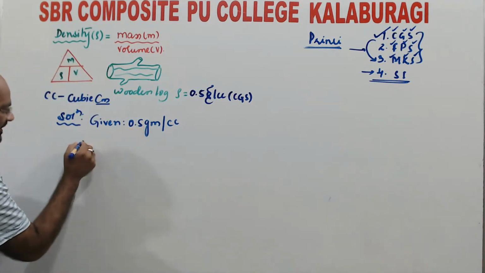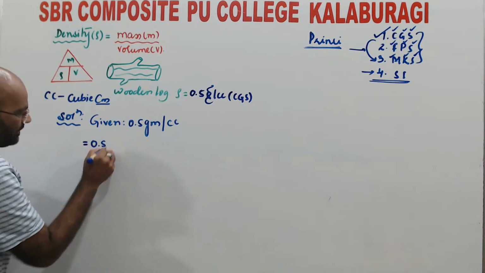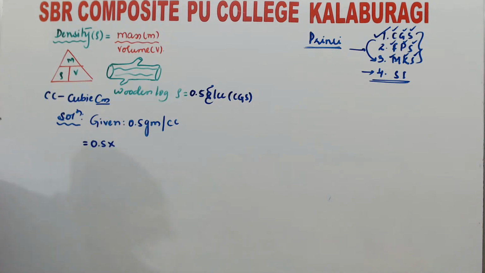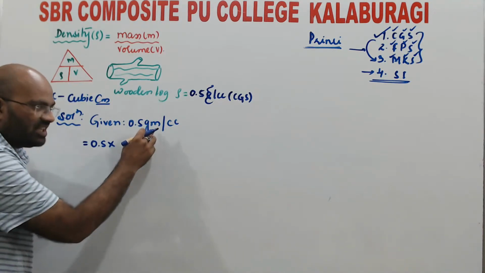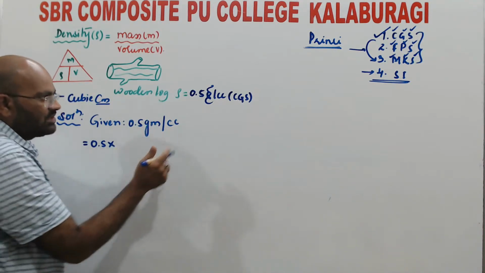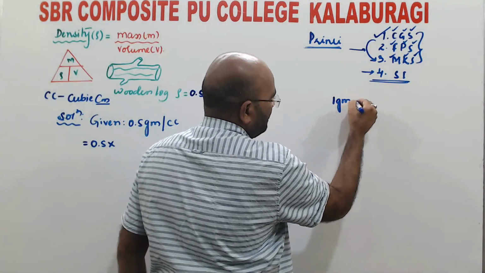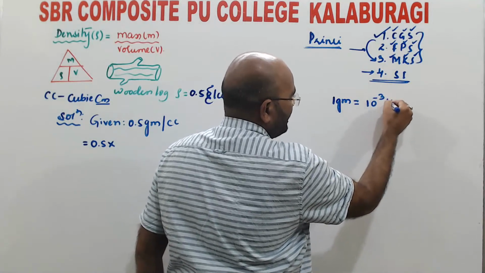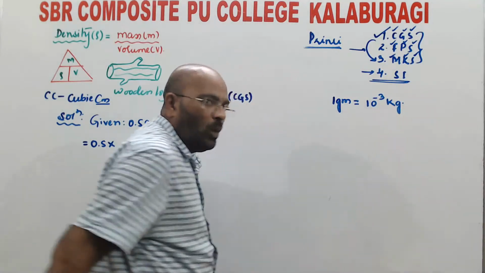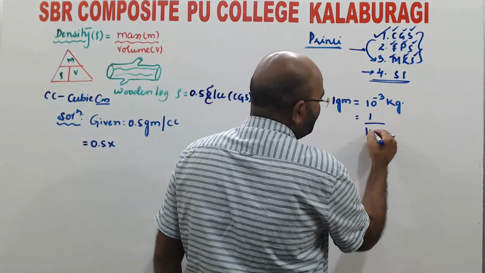So this is 0.5 into gram. If you convert gram into kg, 1 gram is equal to 10 to the power minus 3 kilogram, that is 1 by 1000 of a kg.